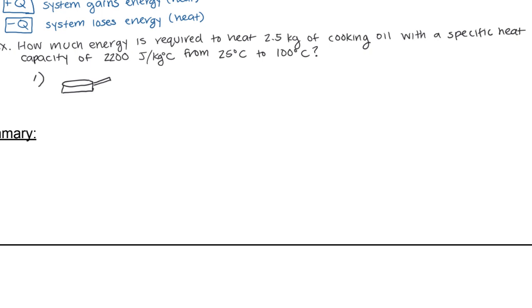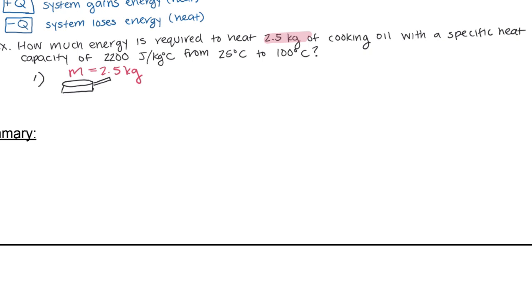The first one is the mass of the cooking oil. Again, 2.5 kilograms. Remember, kilograms is our unit of measurement for mass. So we'll record that the mass is equal to 2.5 kilograms.